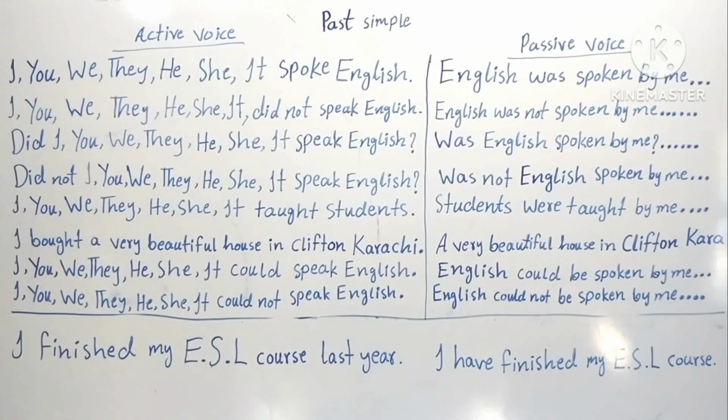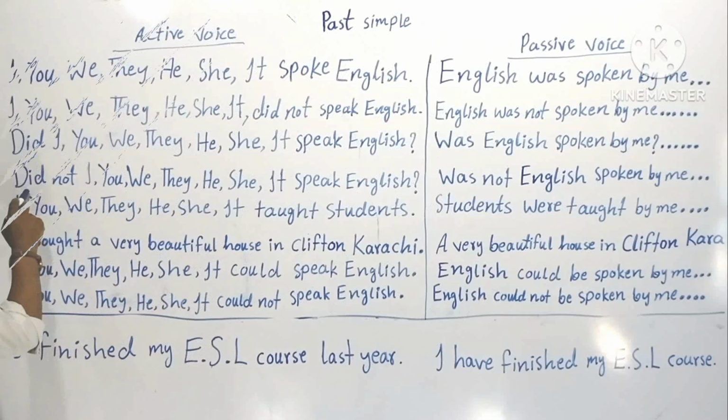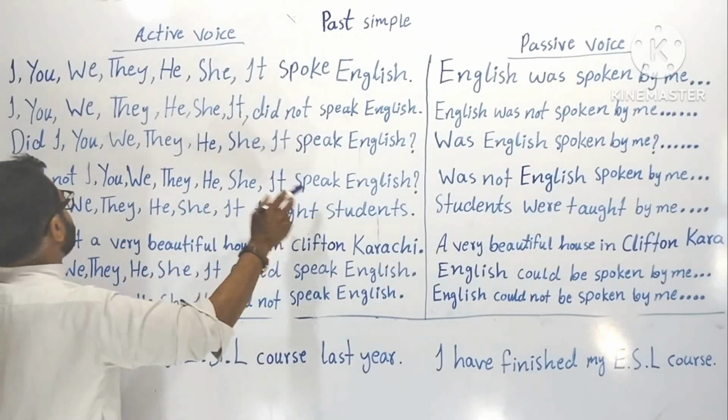Now did not has a problem: we have always used the short form, which is didn't. So my mouth is accustomed to using didn't. So if you allow me, in place of did not, I would use didn't. Okay? Didn't I speak English?